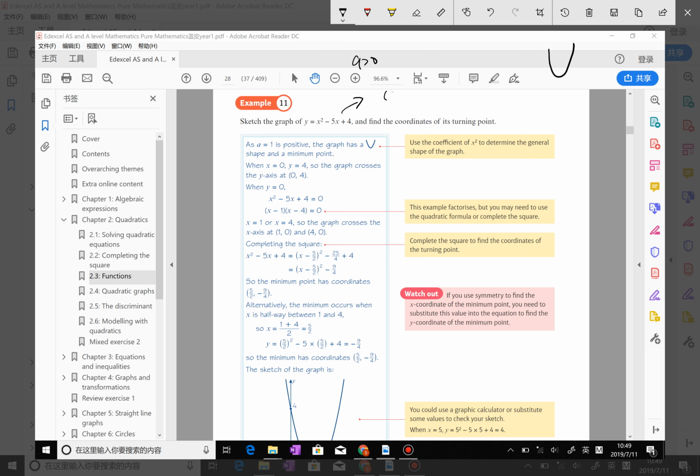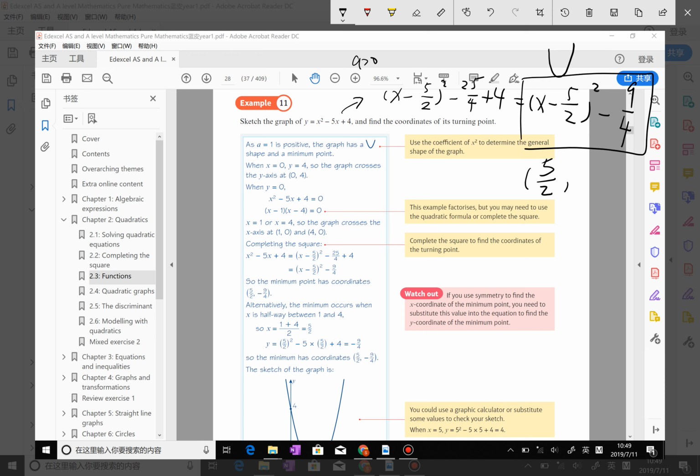Then we should have (x minus 5 over 2) squared, and then minus 25 over 4 plus 4, and then equals (x minus 5 over 2) squared minus 9 over 4. So the turning point coordinates is going to be 5 over 2 and then negative 9 over 4.